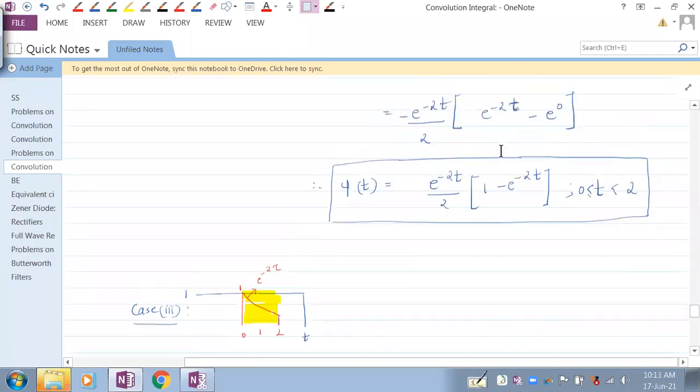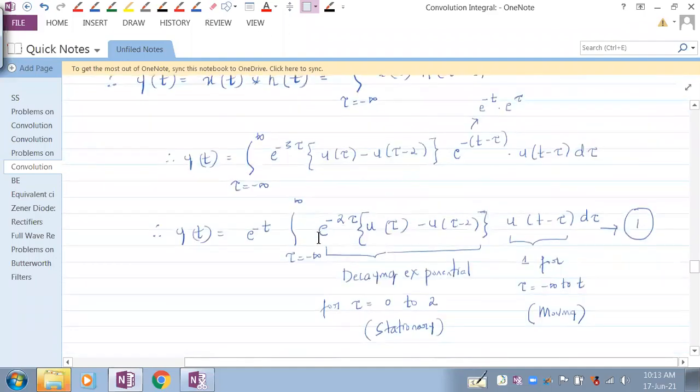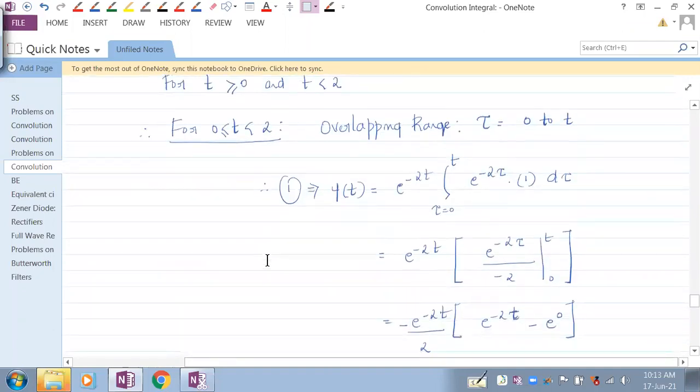Is this okay? We have e power minus t outside here. See, we have been making this mistake. We have taken e power minus t outside, and we have been writing e power minus 2t, which is wrong. So it's just e power minus t that is there outside the integral. I think you're not telling me the mistakes that I've been committing everywhere.